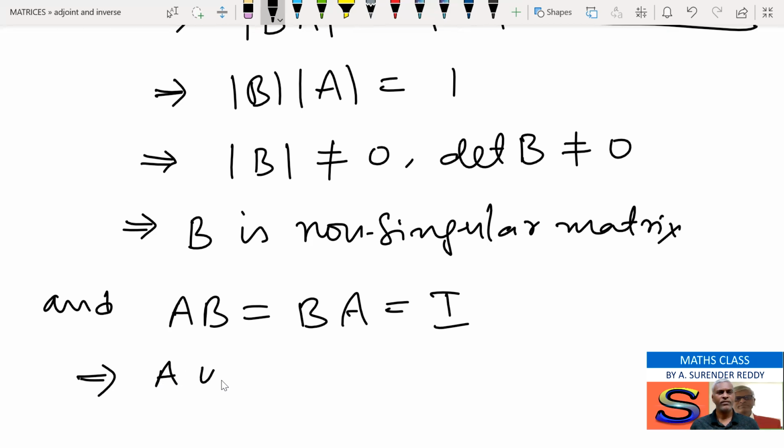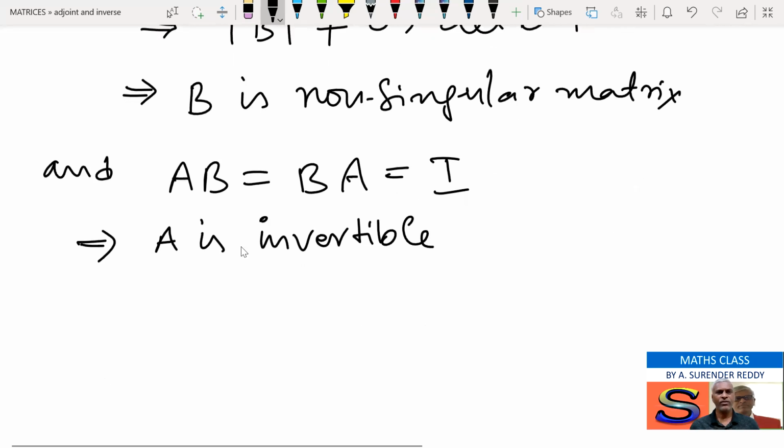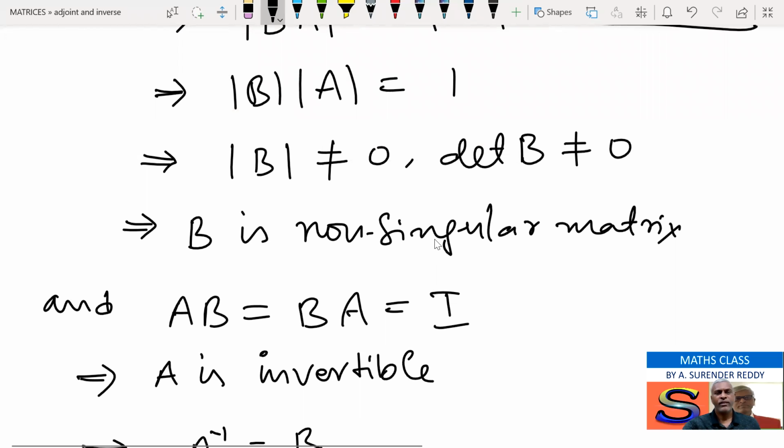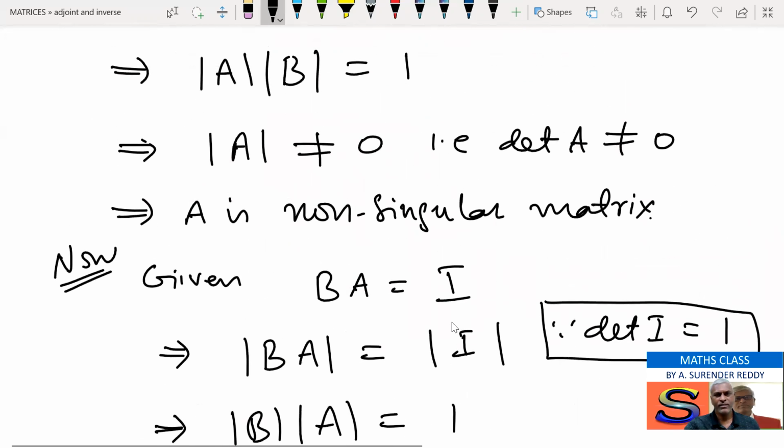This is the definition: if A and B are both non-singular of the same order, and AB is equal to BA is equal to I, then A is invertible, and further A inverse is equal to B, or B is equal to A inverse. So this is the proof for this problem.